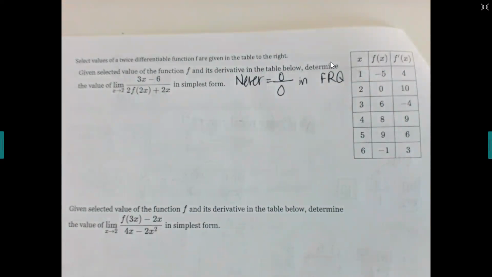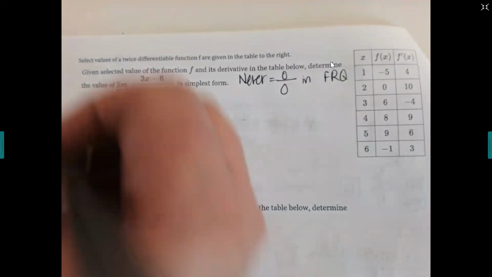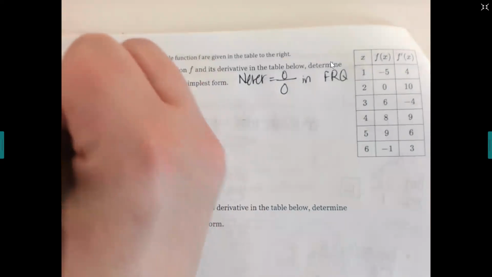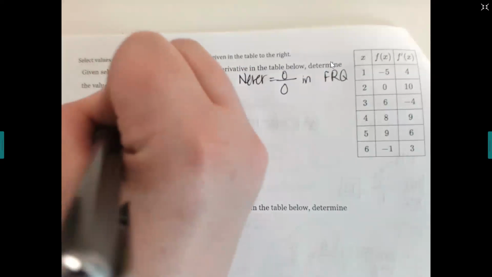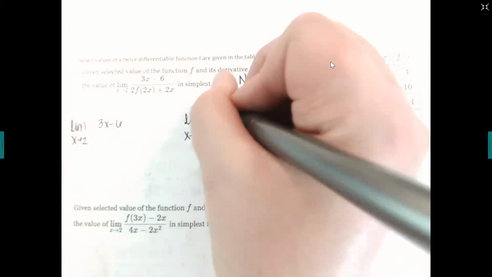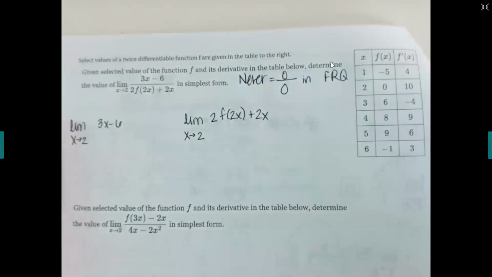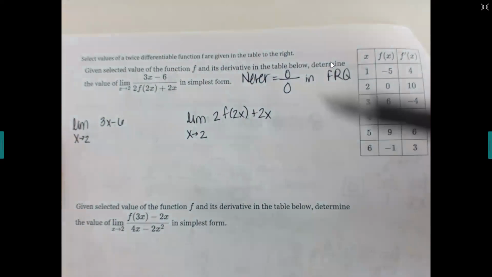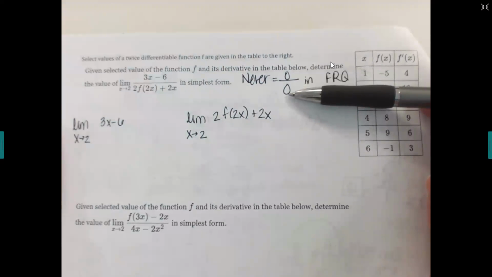Okay, so here's what I mean by that. Take a look at the first one. If this is a free response, I would find the limit as x approaches 2 for the top, 3x minus 6. And then I'm going to find the limit as x approaches 2 on the bottom of 2f of 2x plus 2x. Okay, but you don't want to show this 0 over 0 step. So to make sure you don't do that, just do the top and the bottom separately.